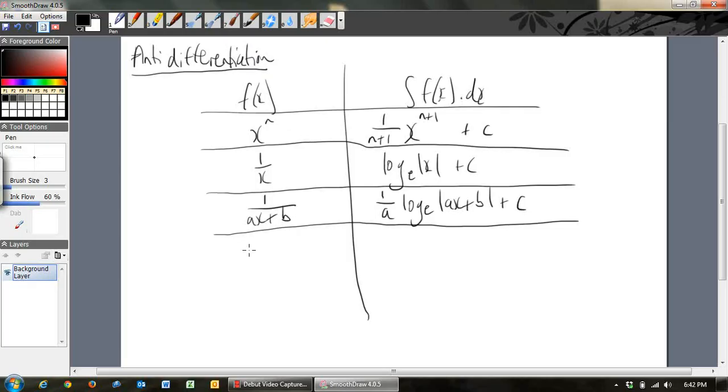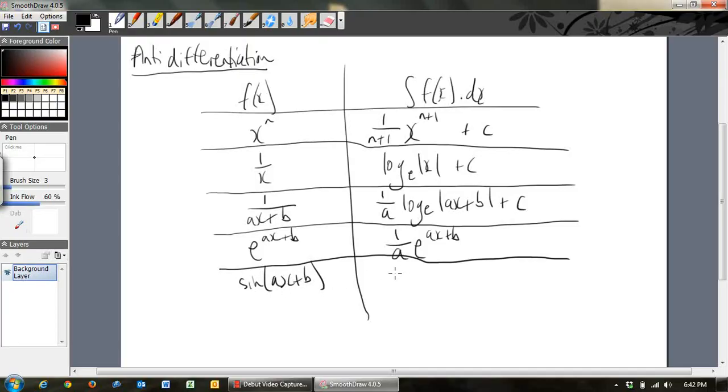Similarly, thinking about what the chain rule would do, e to the ax plus b will just go to e to the ax plus b, but you'll have to divide by a to get rid of what happens when you differentiate with the chain. Then you've got sine of ax plus b.